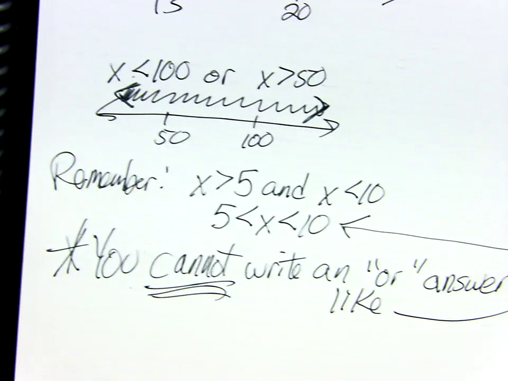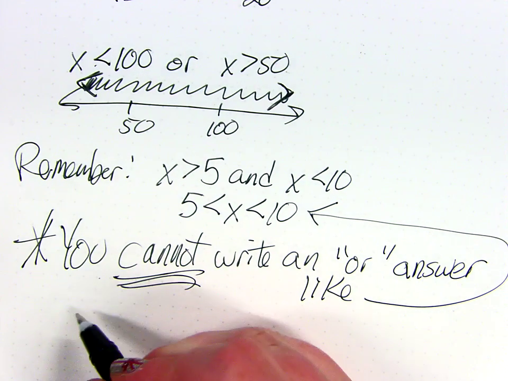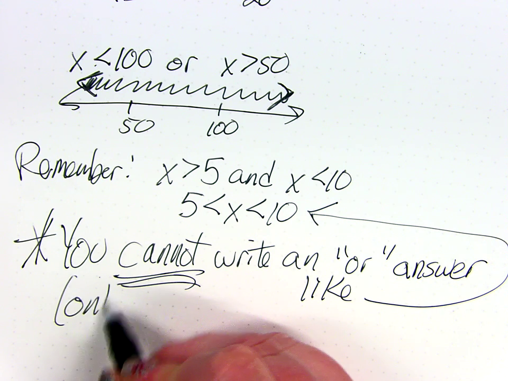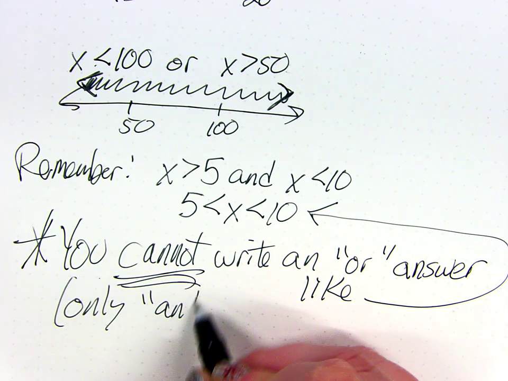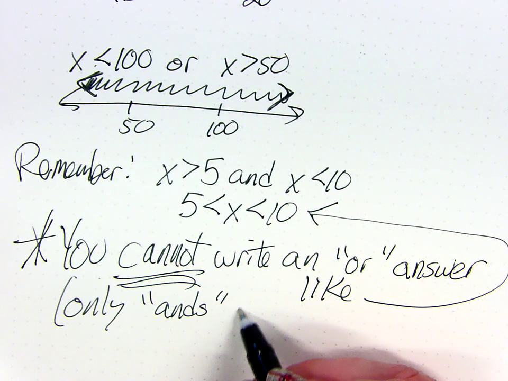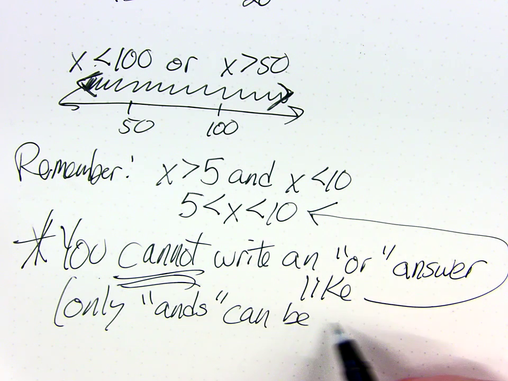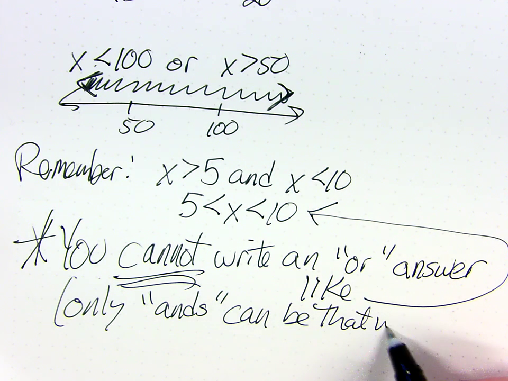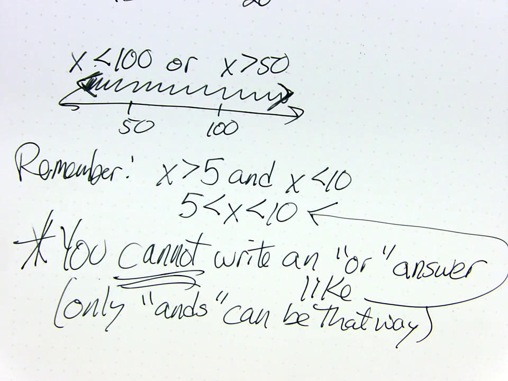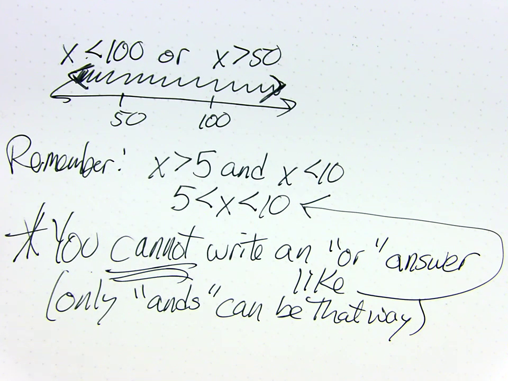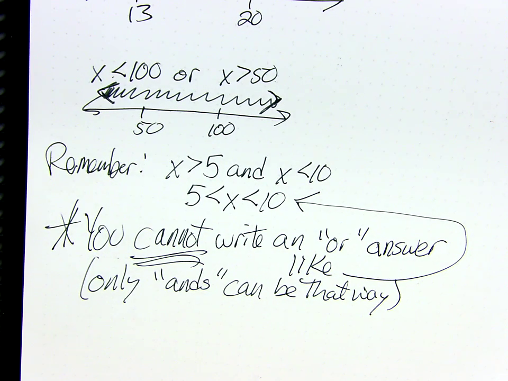That's only for ands. Okay, so we will not be putting our answers together as one when we're doing ors. So how do you write the answer to an or?